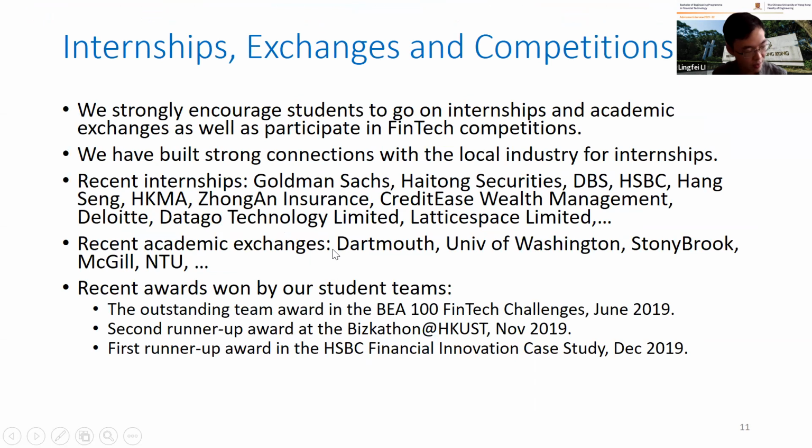And of course we also offer students lots of opportunities for internships and academic exchanges, and some students participated in FinTech competitions and did very well. They won awards from those competitions.